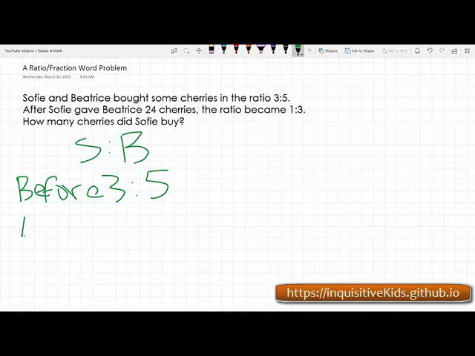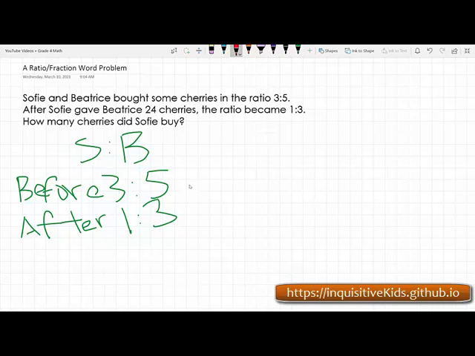And the after ratio is 1:3. And we know that the total amount of cherries did not change. So we know that the total number of units in each ratio is actually the same. Let's try to add together the total number of units.